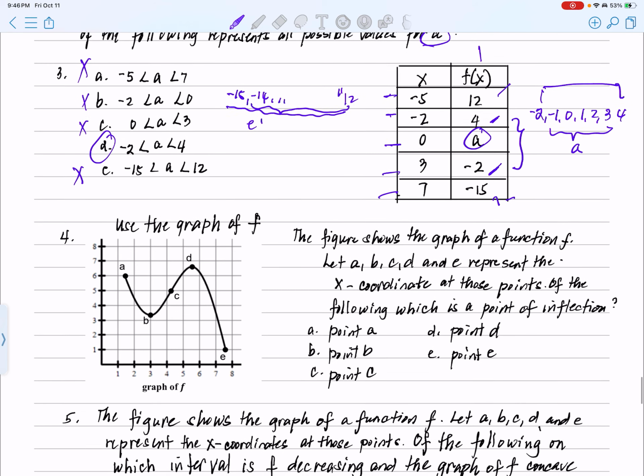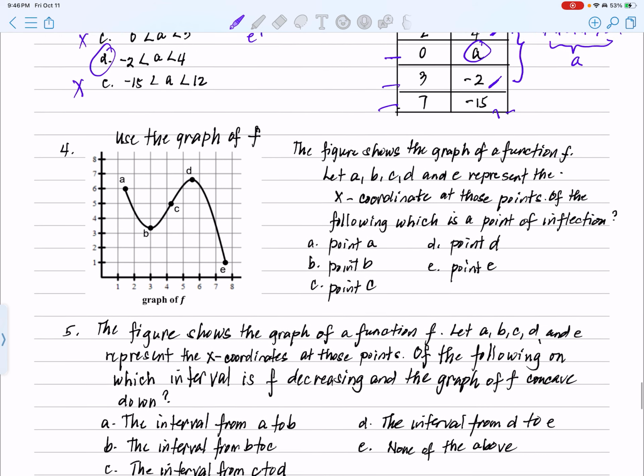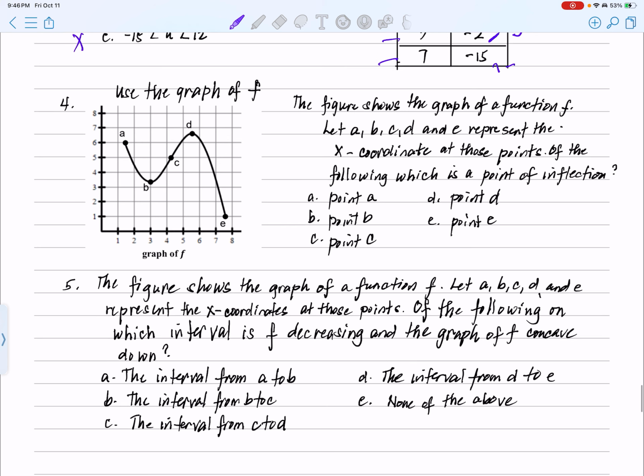All right, we have 2 more questions. Use the graph of f. The figure shows the graph of the function. Let A, B, C, D, and E represent the x-coordinates of those points.